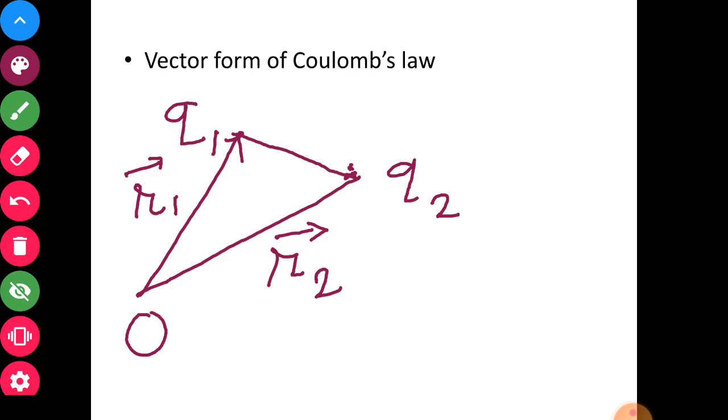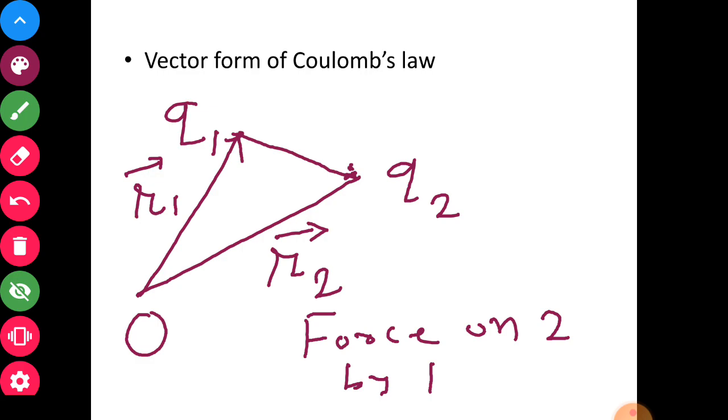We want to find the force on the second charge by the first charge, the force on 2 by 1.